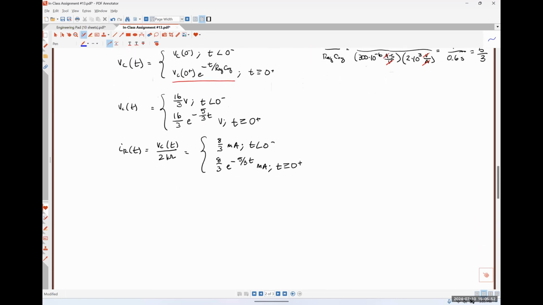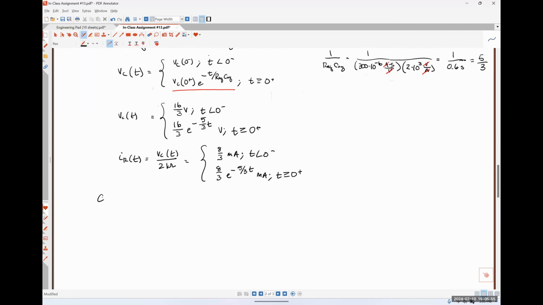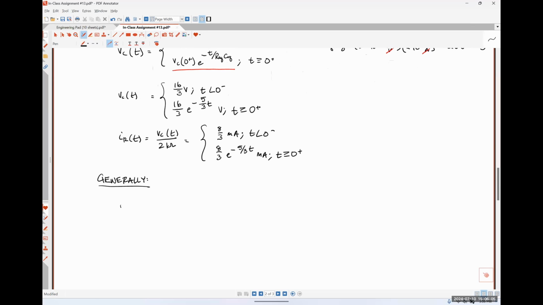So what we've just found is that generally for any particular signal y of t, where y could represent a voltage drop or a current, it will have the value of y at 0 minus for t less than 0 minus, and it'll have a value of y at 0 plus times e to the negative t divided by RC for t greater than or equal to 0 plus.